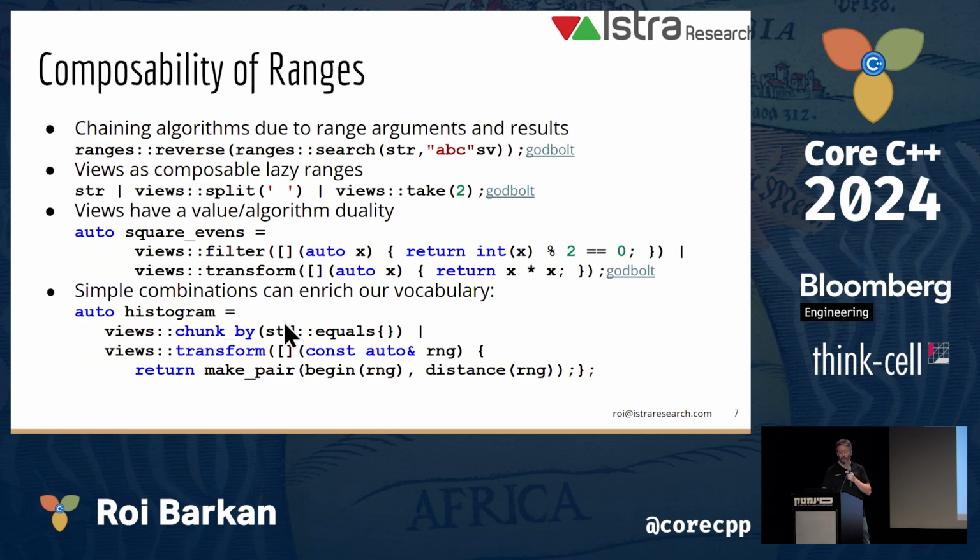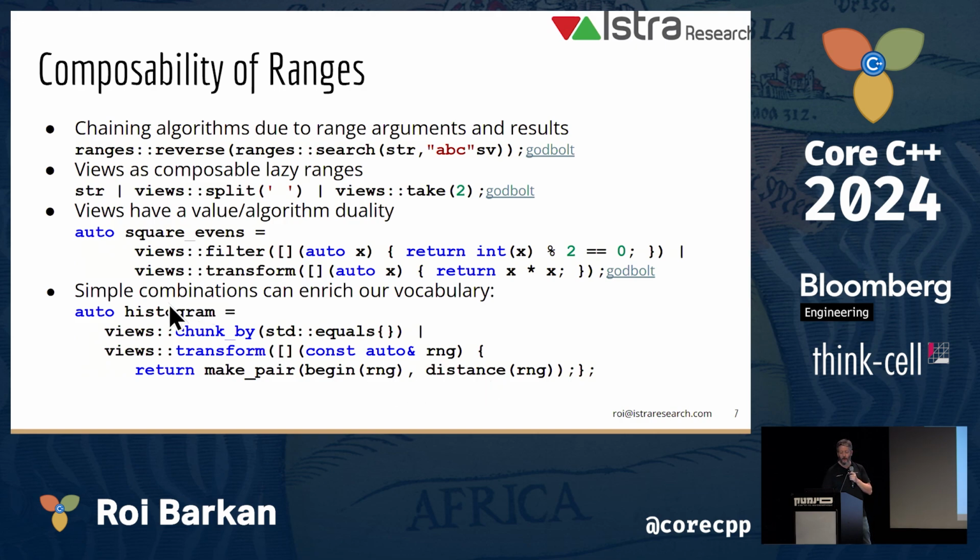I need to chunk the series based on the equals predicate, so every consecutive equal elements will be chunked together. The result of this chunk by will be a range of ranges where in each sub-range all elements are equal. Then this transform operation will take each of those sub-ranges and convert them to just a pair of 2 items. The first item is the representative of that sub-range. The second is the length, the number of elements that we had.